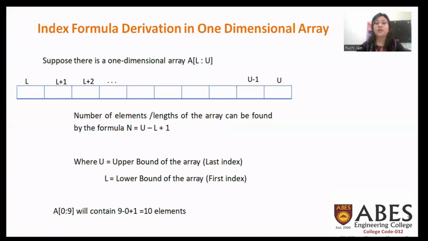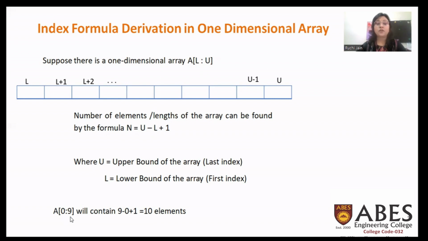If we have to calculate how many elements are there in a one-dimensional array, given the lower bound and upper bound, then the formula is upper bound minus lower bound plus 1. For example, A is an array whose lower bound is 0 and upper bound is 9.